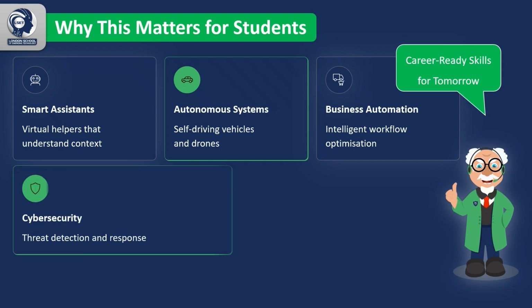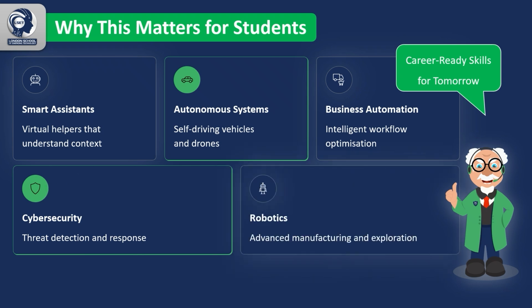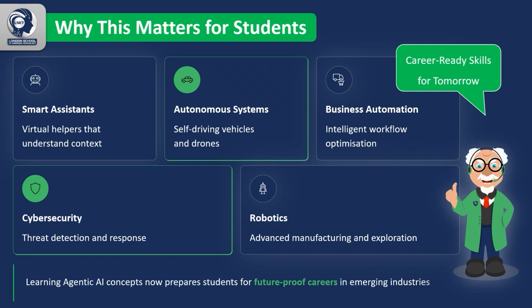In cybersecurity, it supports threat detection and rapid response. And in robotics, it enables advanced manufacturing and exploration. Learning agentic AI concepts now helps you build career-ready skills and prepares you for future-focused roles in emerging industries.